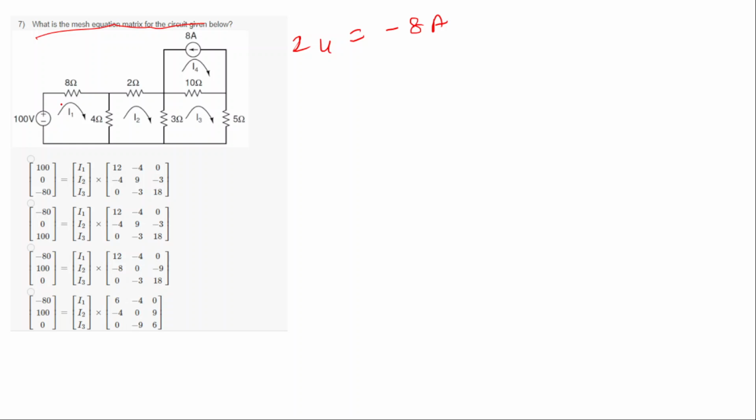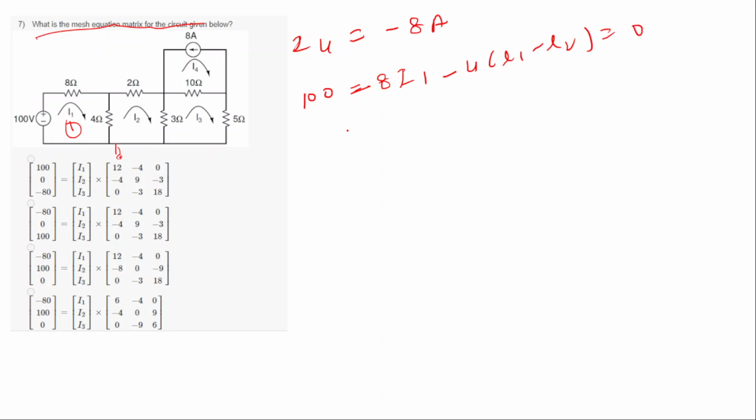Now let's apply the mesh equation in this first mesh. Okay, so this will be 100 volt. Here if we go, I will tell the equation. You just check it. 100 minus 8I1 minus 4 times of I2 minus I3 minus 4 times of I1 minus I2 equals 0. Yeah, that is right.